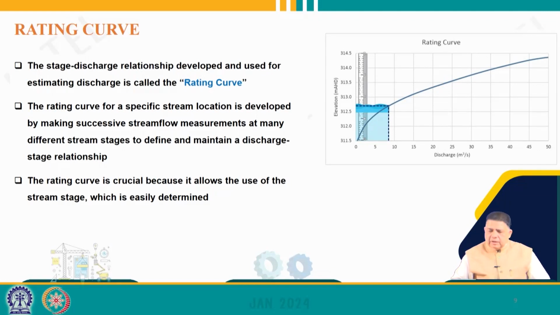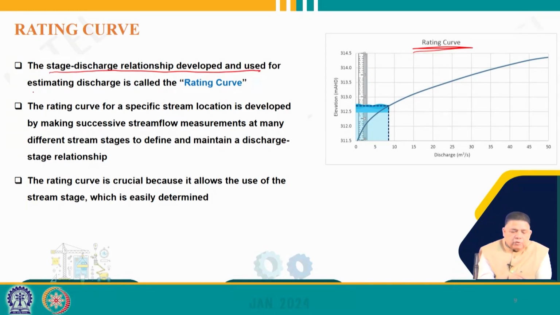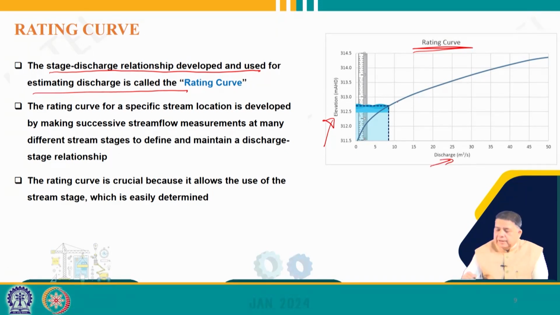But of course, coming back, we have already seen that the most commonly used way is to use this rating curve, and this rating curve is nothing but the stage discharge relationship developed and used for estimating discharge. So, earlier we talked about the elevation discharge relationship which we developed, and that is referred to as the rating curve.